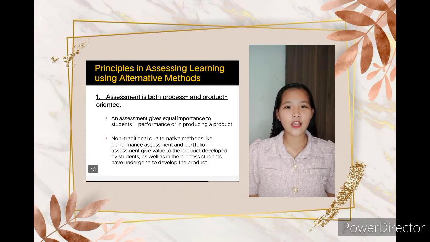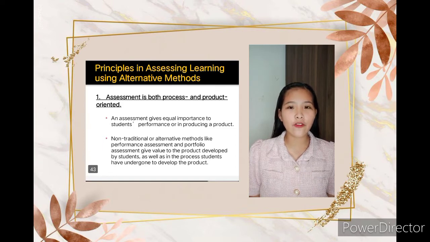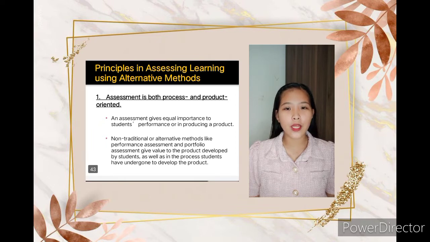This assessment gives value to the product developed by students as well as the process students have undergone to develop the product. To shorten the message, the traditional method is graded based on the output of the students, while the non-traditional method is graded based on the students' performance and the output as well.